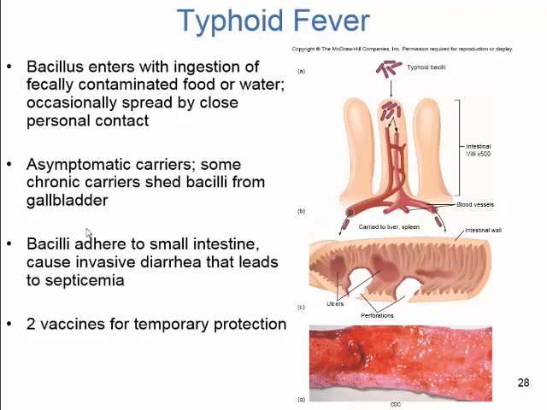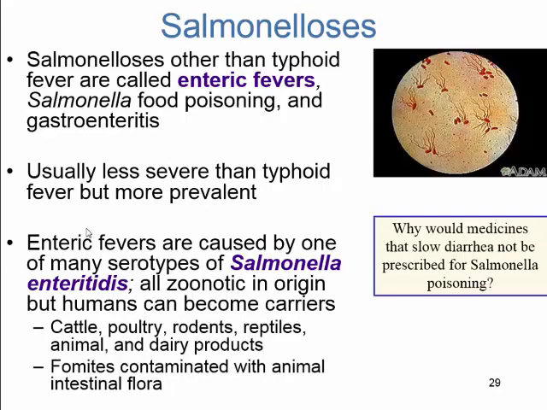In 1911, there were vaccinations, and then later, around 1950, we finally have an antibiotic to treat this particular infection. Other salmonellosis are much less severe than typhoid, and all other salmonella diseases are called enteric fevers.